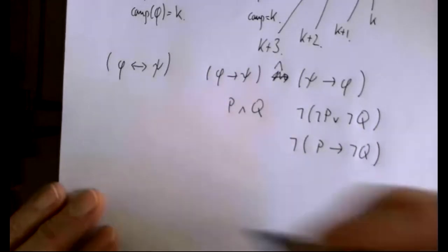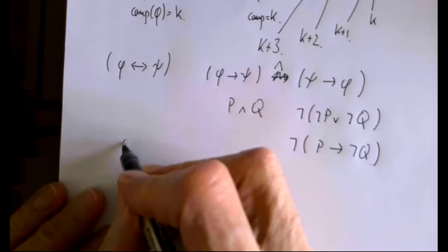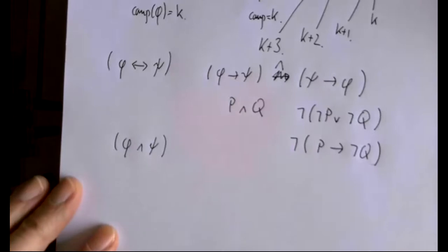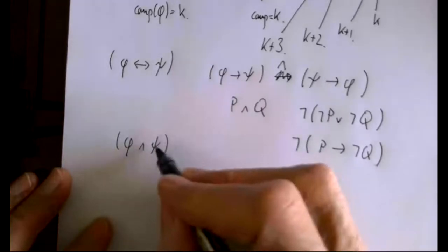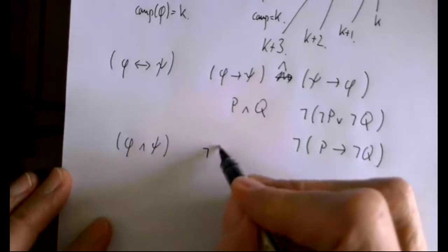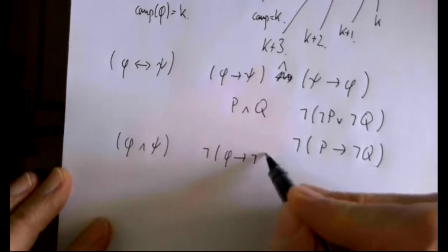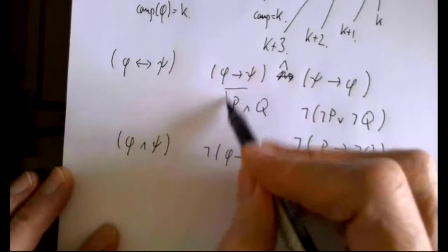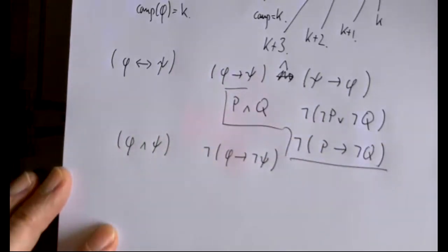So if I've now got phi and psi here, I can then say this is equivalent to not phi arrows not psi, right? Using these kind of equivalencies here.